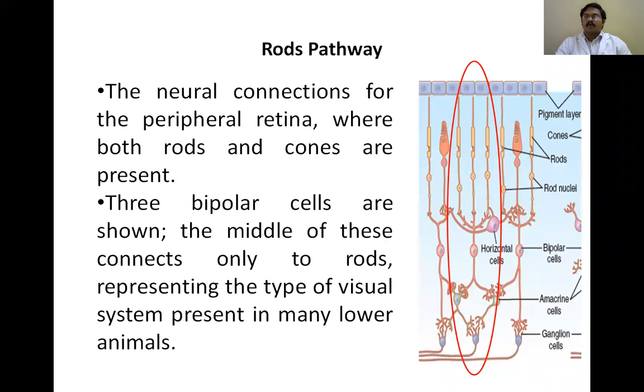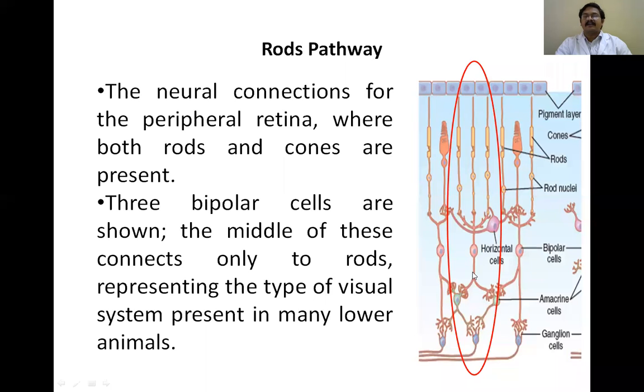Now we'll come to the old system, the rod pathway. This is the neural connection for the peripheral retina, where the rods are present and there are multiple cells. If you look at this, one bipolar cell is synapsing with 3 photoreceptors.